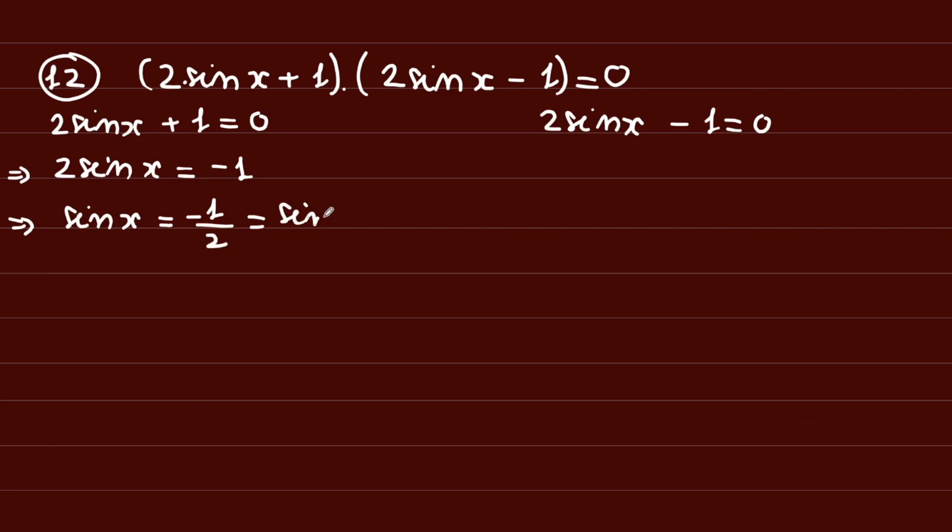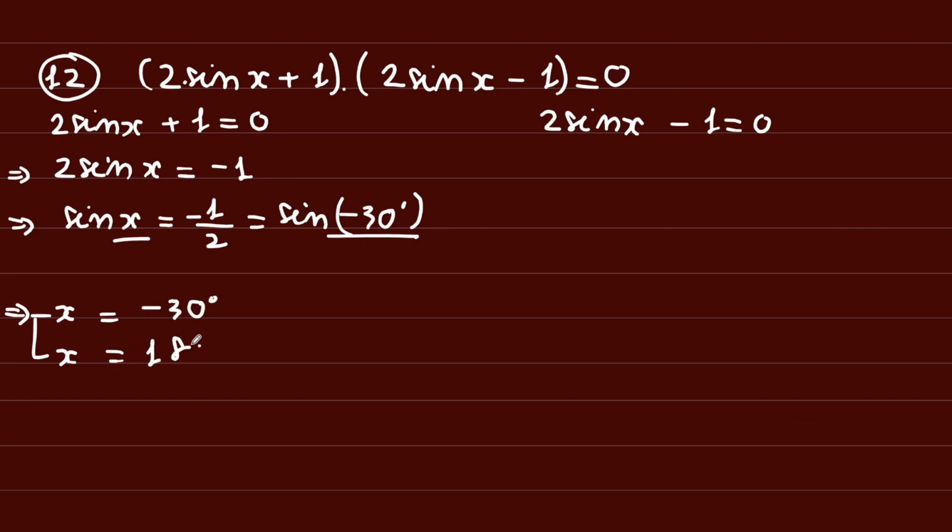This is equal to sine of minus 30 degrees. This is not plus 30 degrees, this is a minus sign, which means negative angles. So the angles h and negative 30 degrees correspond to 2 general solutions. The first one is minus 30 degrees.